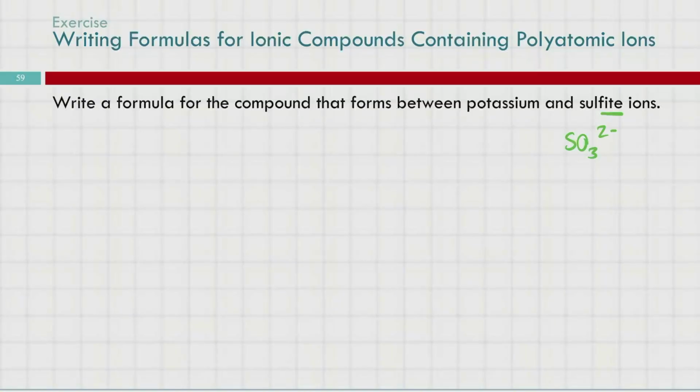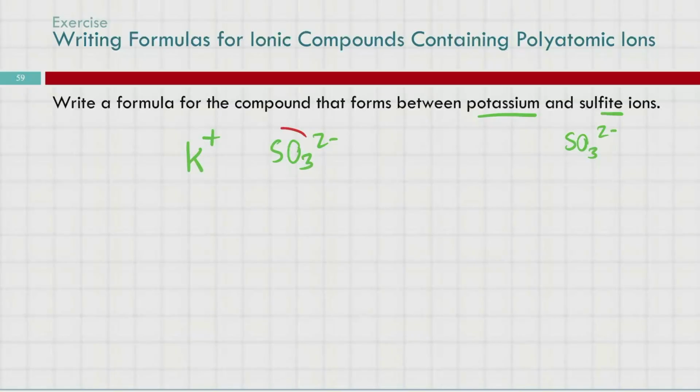All right, so the place we want to start is getting our symbols and our charges. Potassium is K. On the first column are alkali metals, right? And so it's a 1A, so it's a 1+ charge. And sulfite, as I gave you here, is SO3, 2-.